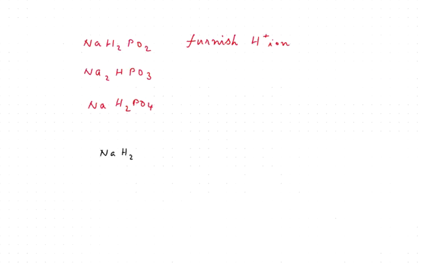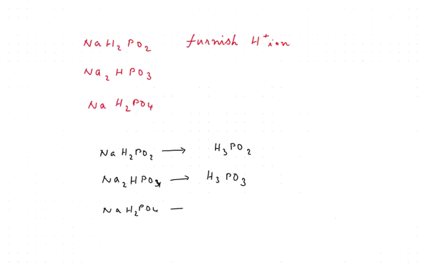NaH2PO2 has come from the acid H3PO2. Na2HPO3 has come from the acid H3PO3. NaH2PO4 has come from the acid H3PO4.